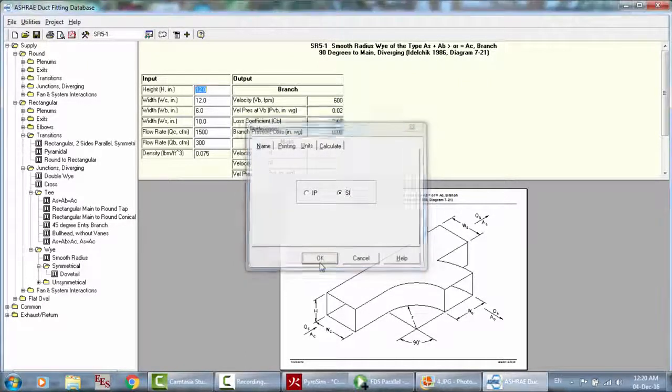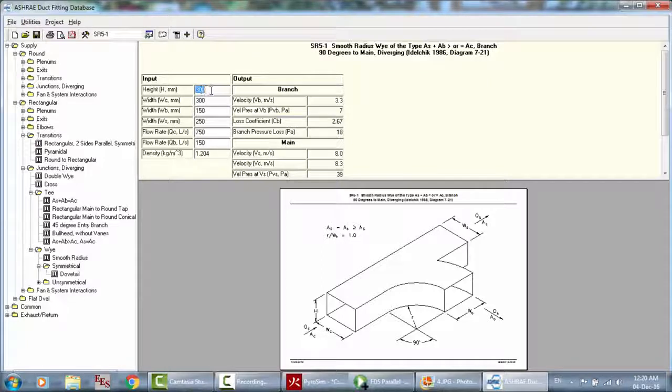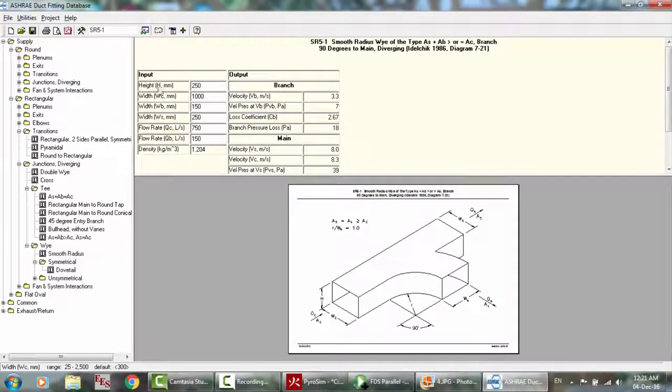Okay, and here 1000. Notice that this is the height h. This is the height h of the main duct.